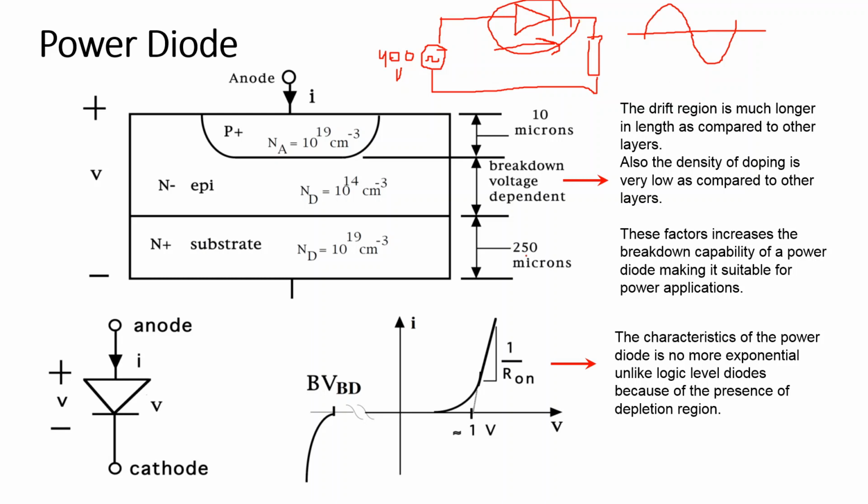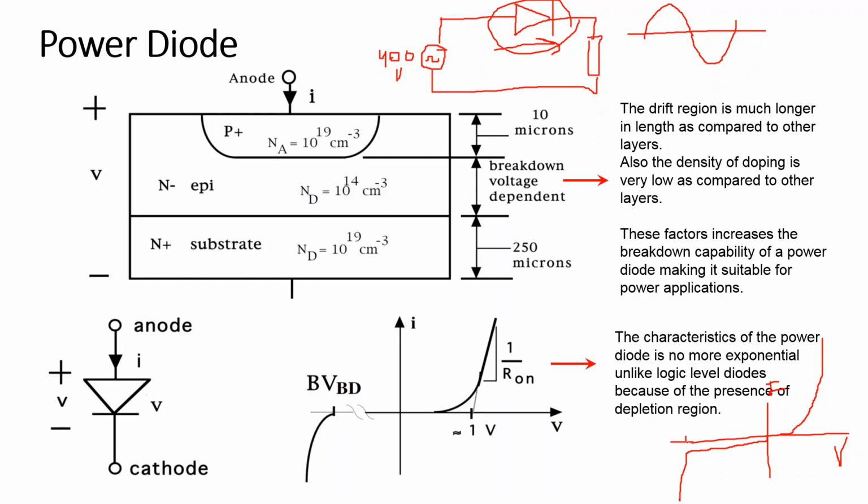In an ordinary diode, the characteristic is like this. We have voltage here and current here, and the characteristic goes like this, that in the forward direction this is exponential, and in the reverse direction a small current flows until the breakdown occurs for a device.